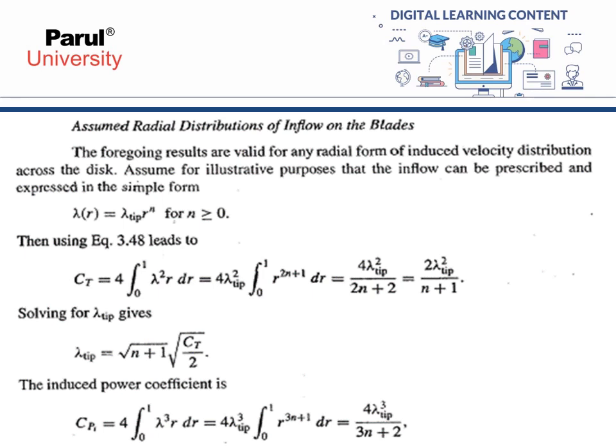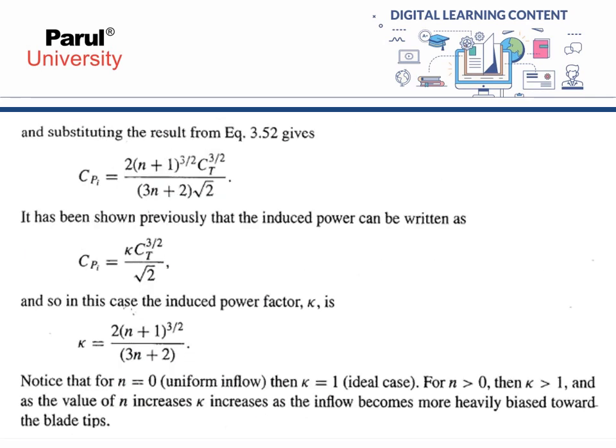The induced power coefficient is C_Pi = 4 integration of 0 to 1 λ³ r dr = 4 λ_tip³ integration 0 to 1 r^(3n+1) dr = 4 λ_tip³ divided by (3n + 2). Substituting the result from equation 3.5 gives C_Pi = 2 (n + 1)^(3/2) C_T^(3/2) upon (3n + 2) square root of 2.